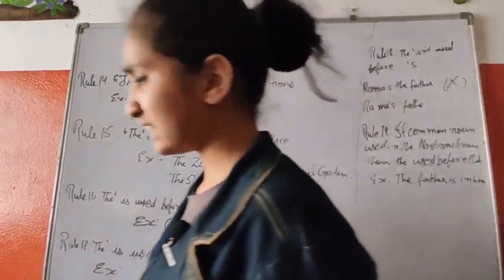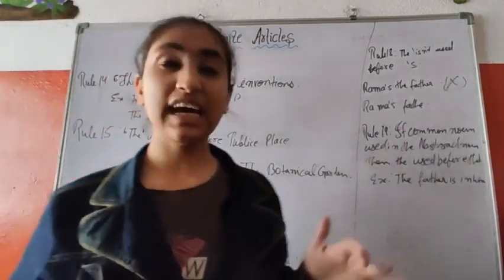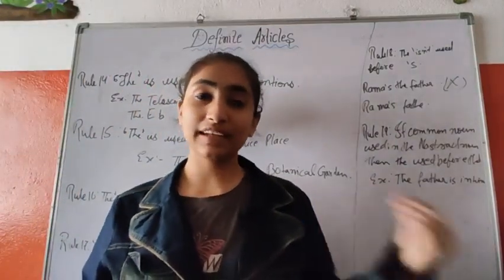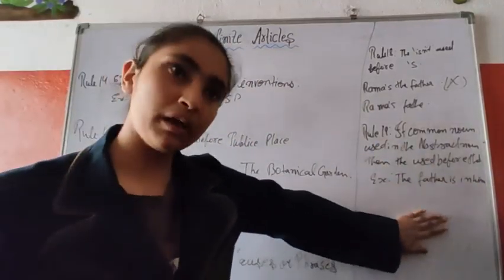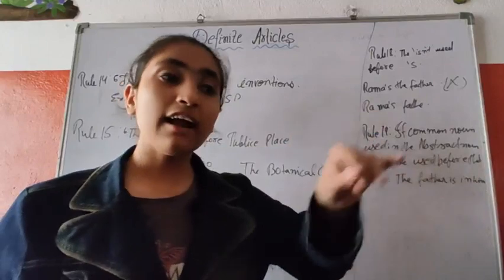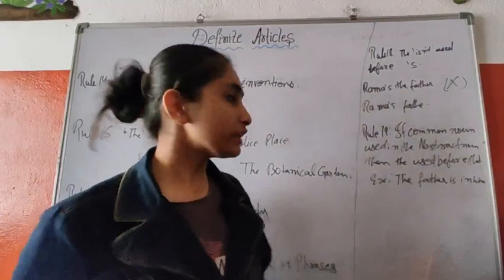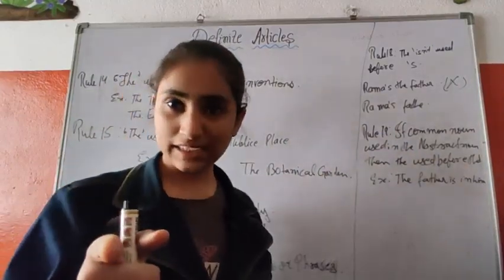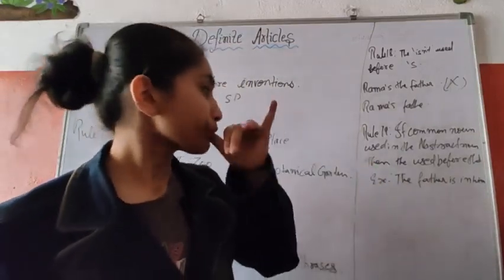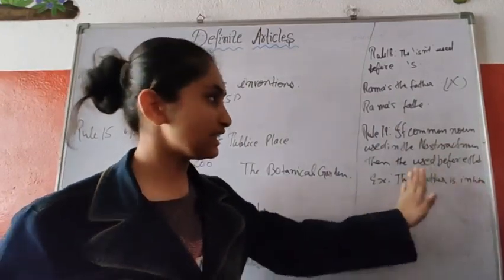Guys, what does this sentence mean? "The father in him" means in Hindi, उसके अंदर पितृत्व का गुण है. It means in him there are the qualities of his father. We cannot see qualities, right? We cannot even touch the qualities. Can you touch the qualities? No. So if a common noun is used in the sense of an abstract noun, then "the" is used before that.